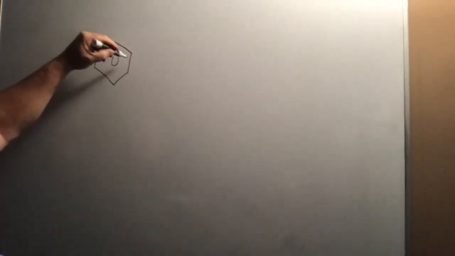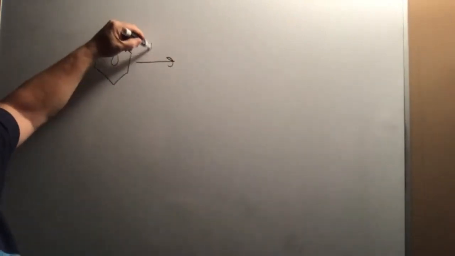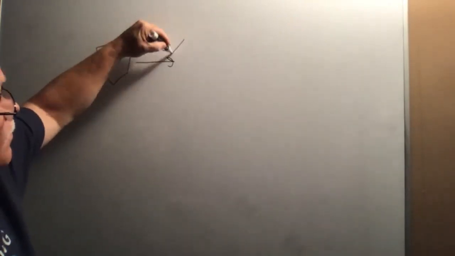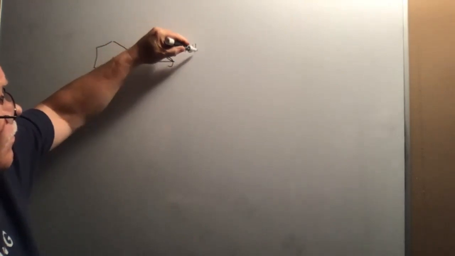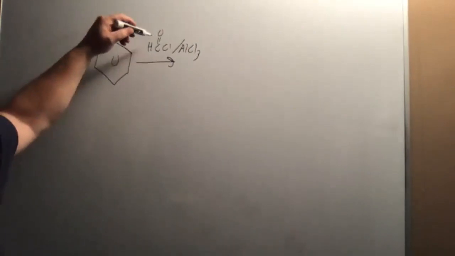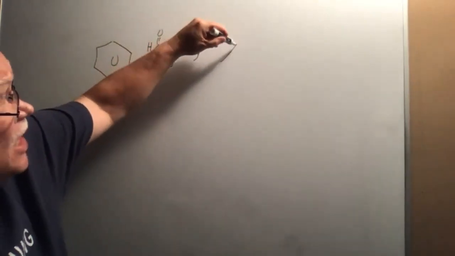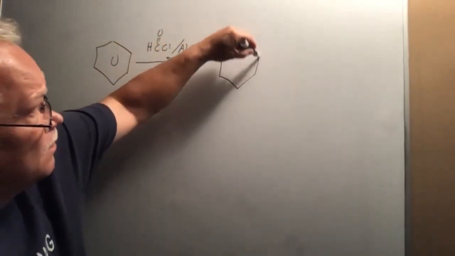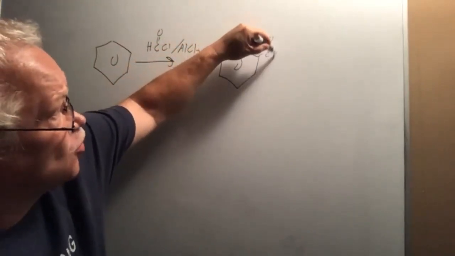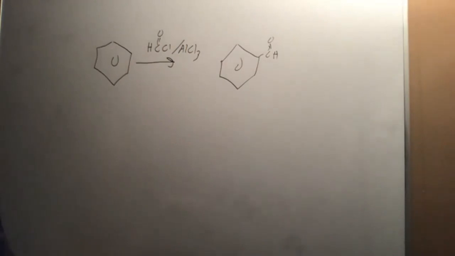If I were to take this reaction here, based upon what I know about acylation reactions, and I were to react it with this compound here, what you would say is that this does an acylation reaction in which it puts this group on the ring.